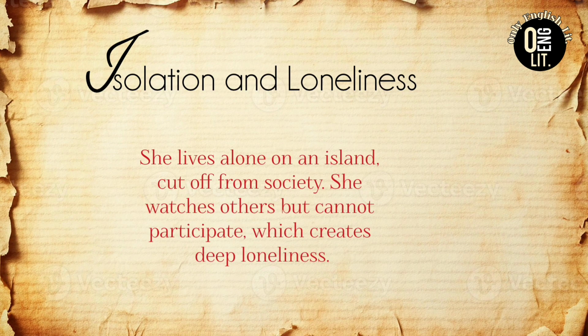This constant distance creates a deep sense of loneliness and longing within her. Her life is empty and emotionless, as she neither experiences joy nor fear. Her eventual decision to look at Camelot is driven by this intense desire to break free from isolation and become part of the real world.